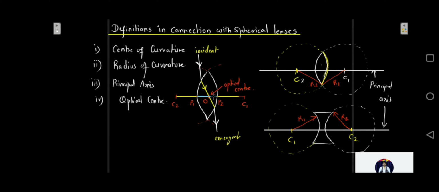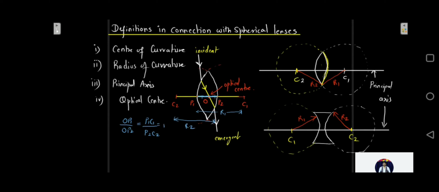This optical center is going to divide this thickness of the lens, that is OP1 upon OP2, if I take the ratio of this distance to this distance. It is given by the ratio of the radii of curvature of the two surfaces, that is P1C1, the radius from here to here, R1, divided by P2C2, that is R2.